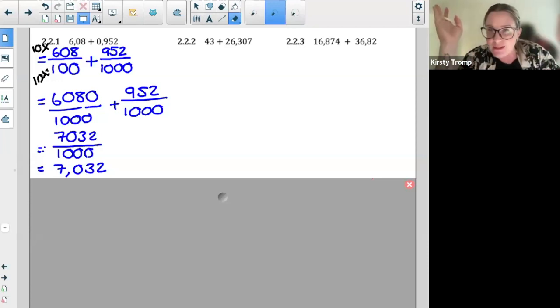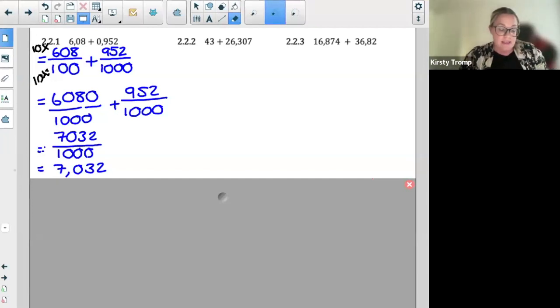You can use that method as well. You can use columns, you can use fractions, whatever method makes sense to you. I like using fractions just because I like fractions, but whichever one makes sense to you, you use that method. Does that answer your question? Yes, ma'am. Thank you. Okay, you're welcome, no problem.